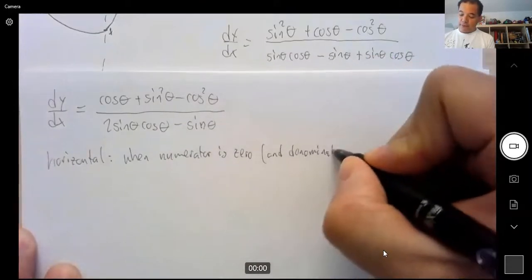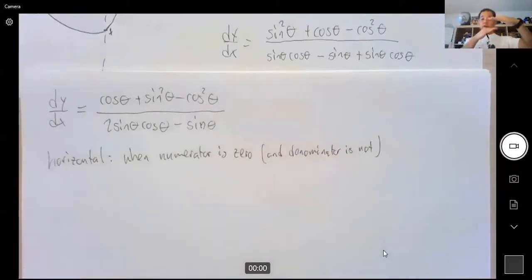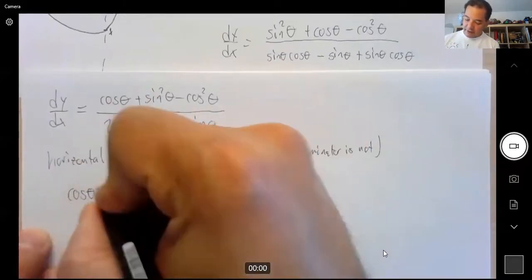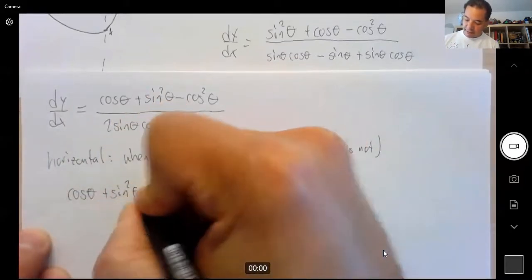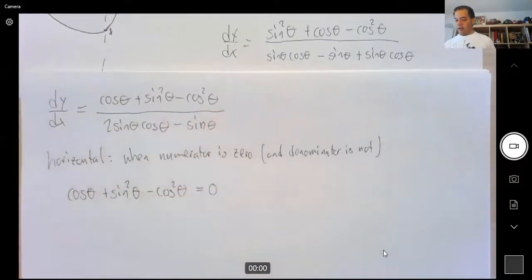Because if both of them are 0, then we don't know. It's like an indeterminate, right? There's a way to do it. We can use L'Hopital's rule to figure out which one wins, but let's worry about that when the case comes, okay? So when the top is 0, that would mean cosine theta plus sine squared theta minus cosine squared theta is 0. All right?